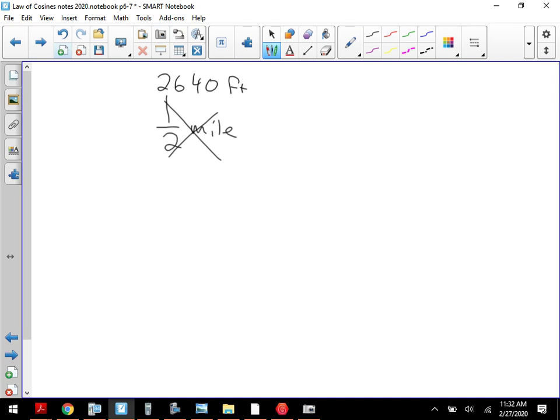Now, when you think about this problem, it says you've got two observers across from one another, 2,640 feet apart. Wouldn't that just be a straight line? I think they called them A and B, didn't they?